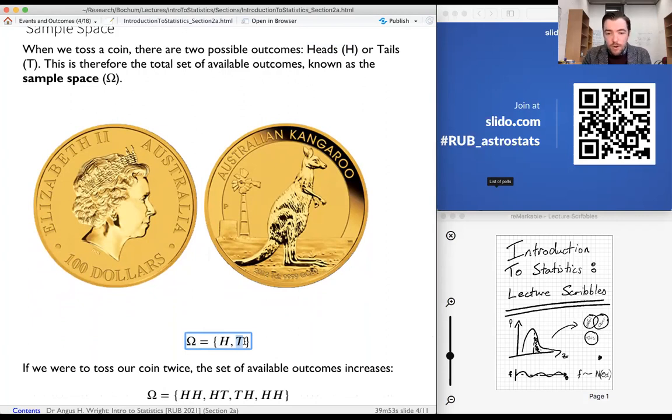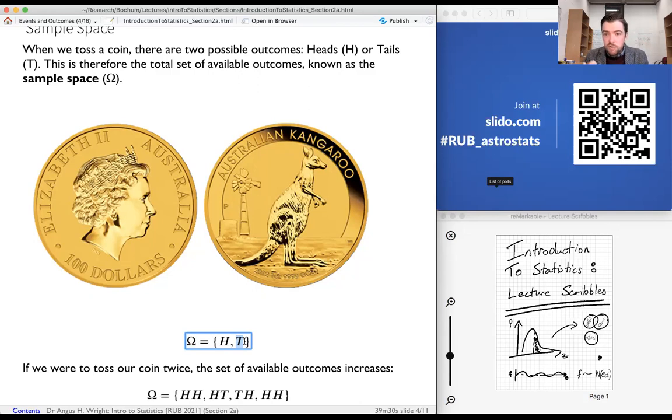Okay, if we toss the coin not once, but twice, or equivalently, if we were to toss 2 coins, then the sample space of possible outcomes increases. That's because now we're no longer just talking about a single head or tail.